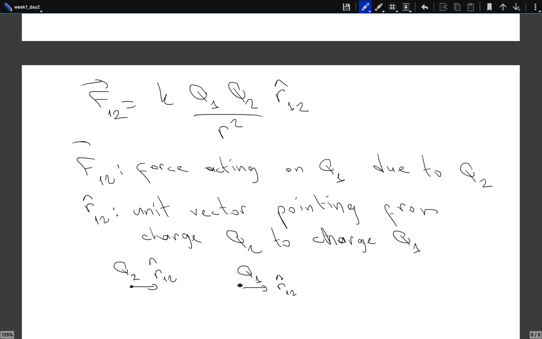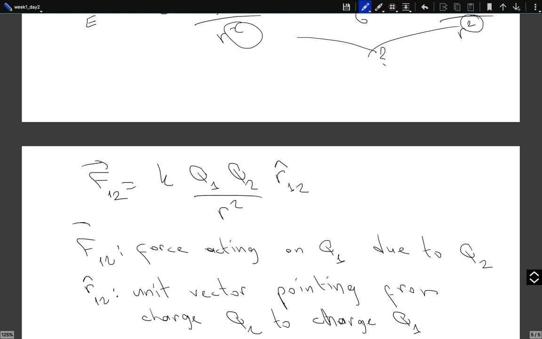Let's see if Q1 and Q2 are the same charges. They can be both negative, they can be both positive. Then their product is positive. Now the force is over there. So this is a positive number, this is a positive number, this is a positive number. So if Q1 and Q2 are the same, then F12 is in the same direction as R12.